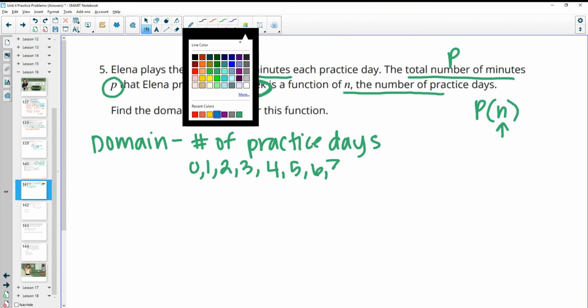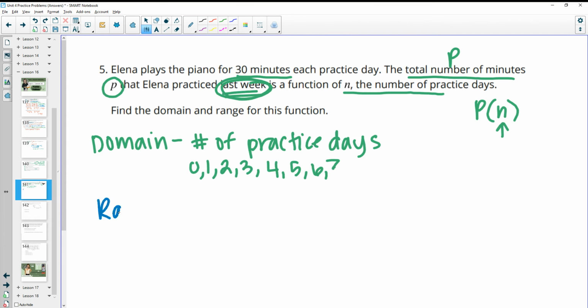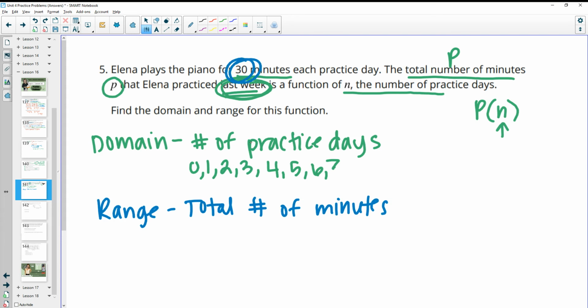And then the range is going to be your output. In this case, it's going to be the total number of minutes. And so what could that be? Well, this says that each time she practices, it's 30 minutes. So she's not practicing for any other chunk of time. So it's just 30 minutes or she doesn't practice.